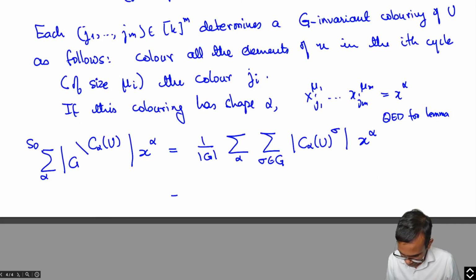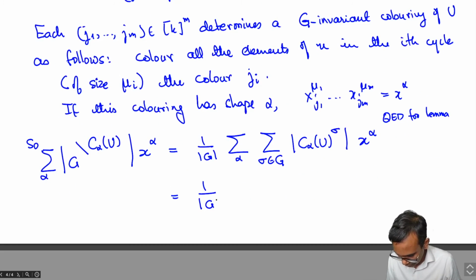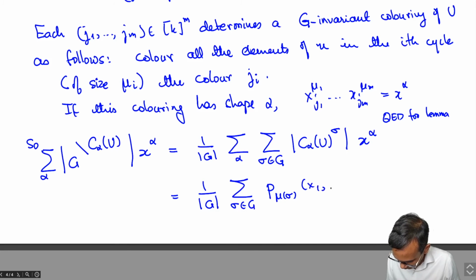But this is nothing but 1 over |G|, and by the lemma this is nothing but sum over sigma in G, reversing the order of summation, P mu(sigma) of x1 up to xk. And that concludes the proof of the Polya enumeration theorem.